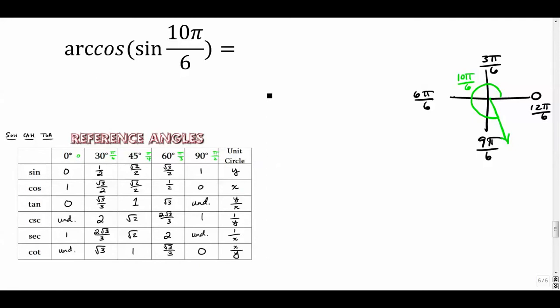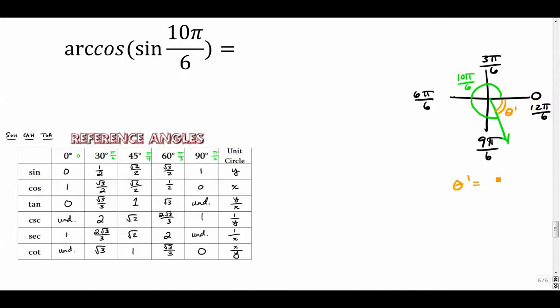And for the value of the sine of that, we'll just go back to this idea of reference angles. If theta is 10 pi over 6, the reference angle is the difference between that and the x-axis. So it's 2 pi over 6.